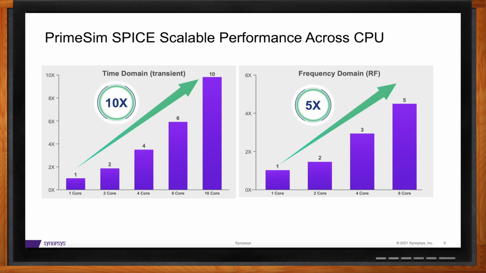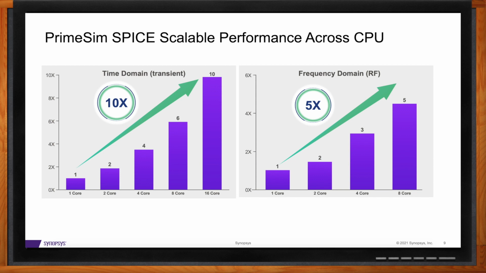And today, with the next generation SPICE technology in PrimeSim SPICE, we can achieve 10x better scaling on 16 cores. And the more cores you use, the better scaling you get. And actually, this can be done on the same machine. Also, these cores can be on multiple machines connected through the network.